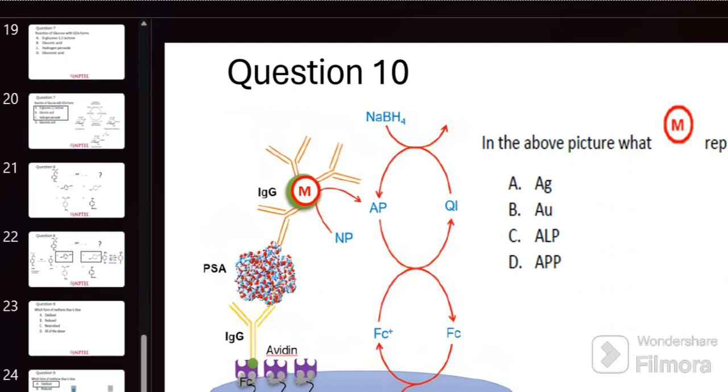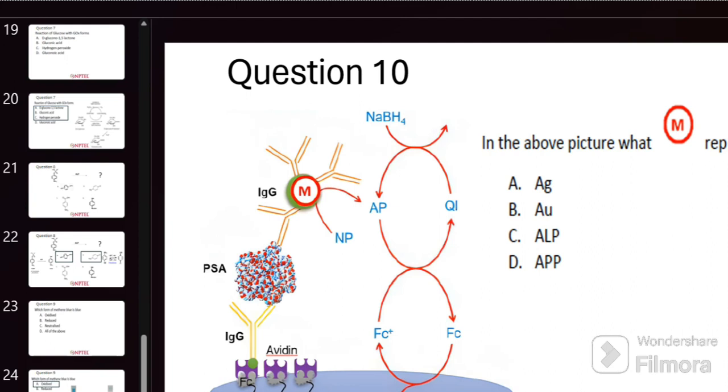Aminophenyl phosphate is basically a primary product, so it is not used for labeling application. So that is gone. Alkaline phosphate is basically an enzyme for which you don't have a nanoparticle as a starting product. So again, that is also eliminated.